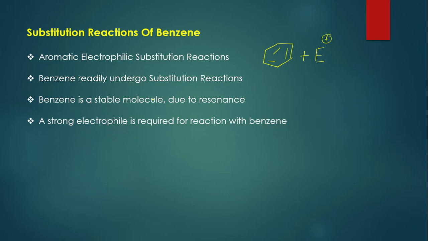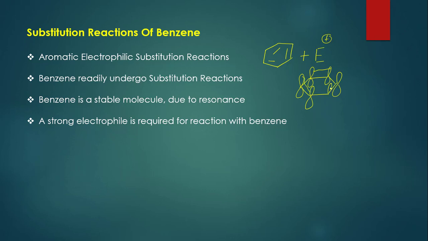Benzene is a stable molecule due to resonance, because its pi bonds or pi orbitals resonate, they change their positions. They are delocalized orbitals.